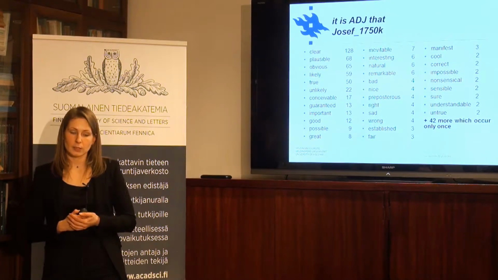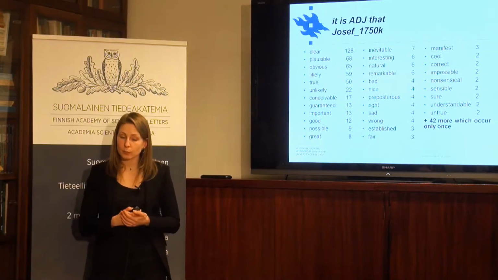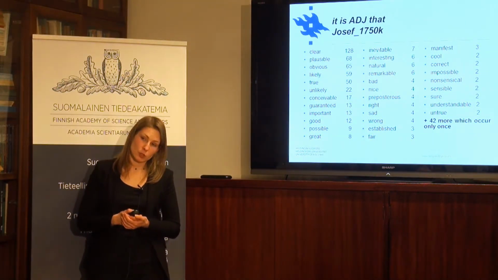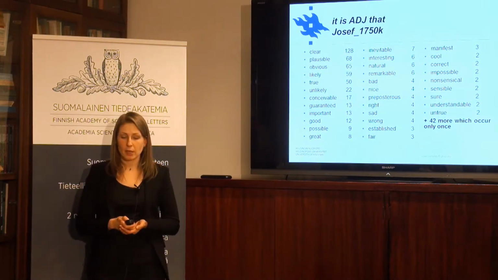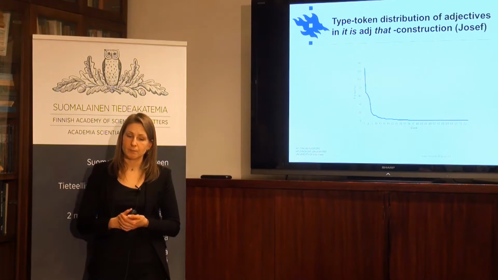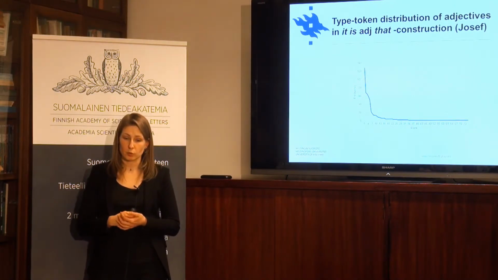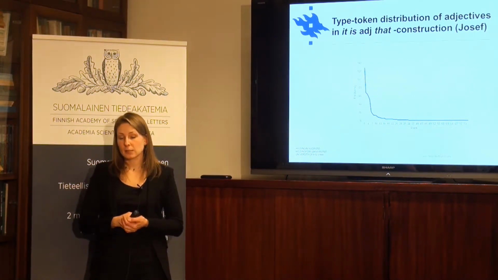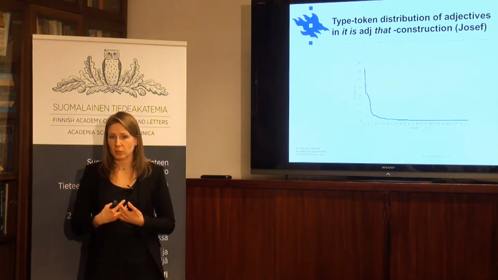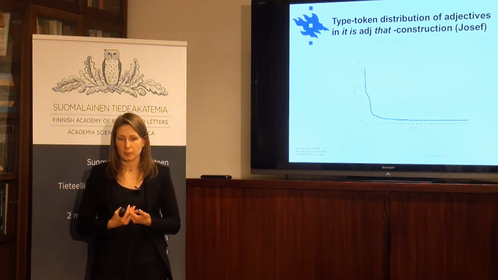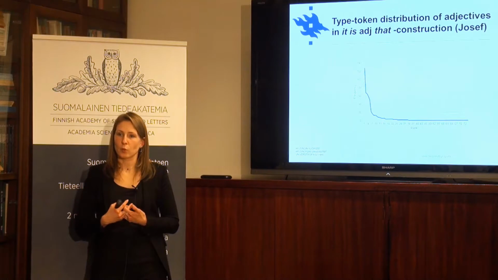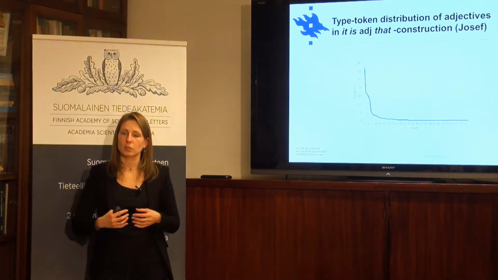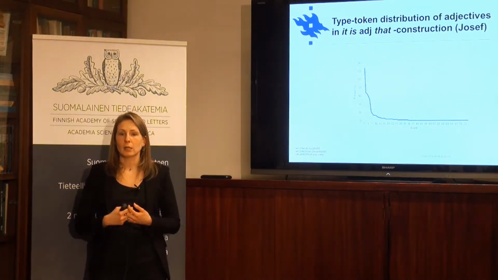So it's very important to note about this distribution of adjectives in the construction that it follows a Zipfian type-token distribution of adjectives. This is a power law, and such power laws have been described in other sciences like a Pareto law or an 80-20 law, meaning that some things occur much more often than other things, and there is a huge tail of one-off occurrences.